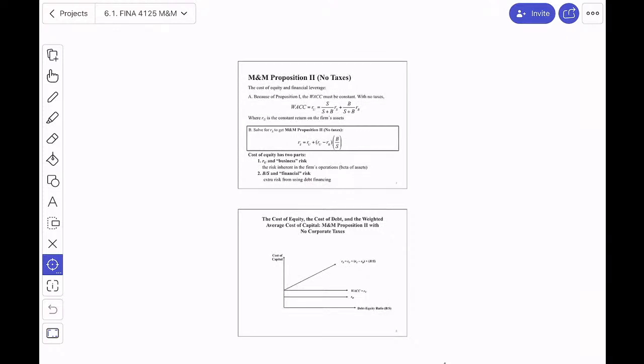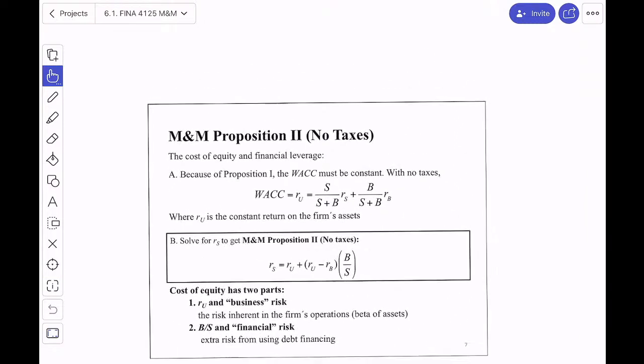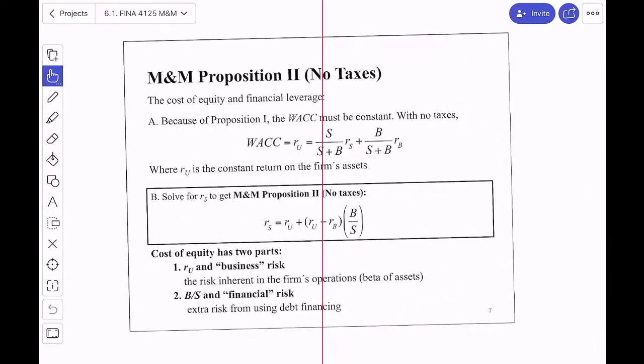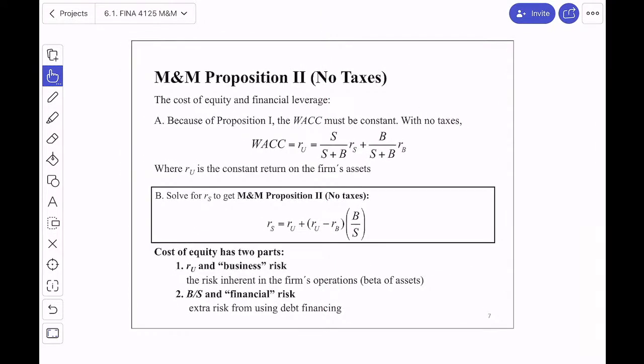First I have to give you the baseline for Proposition 2. Proposition 2 is still with the same set of assumptions. What happens to the WACC? So let's look at the cost of capital. The weighted average cost of capital measures that. Remember, there are no taxes, so I don't have that extra 1 minus TC here. I'll put it in just in case.